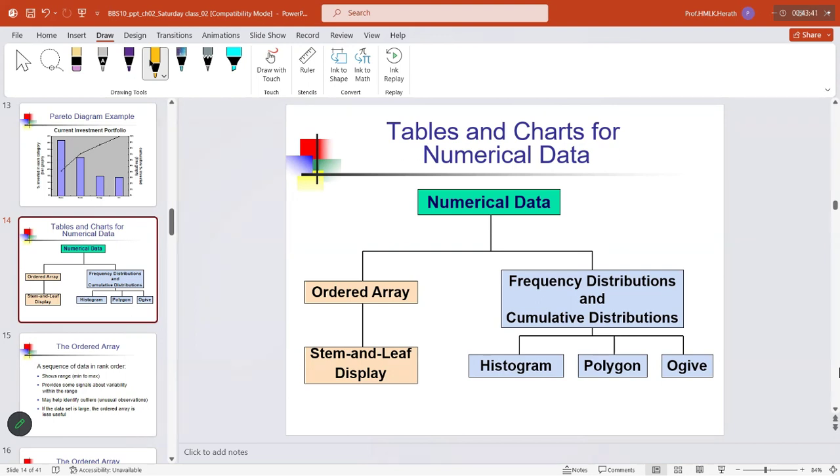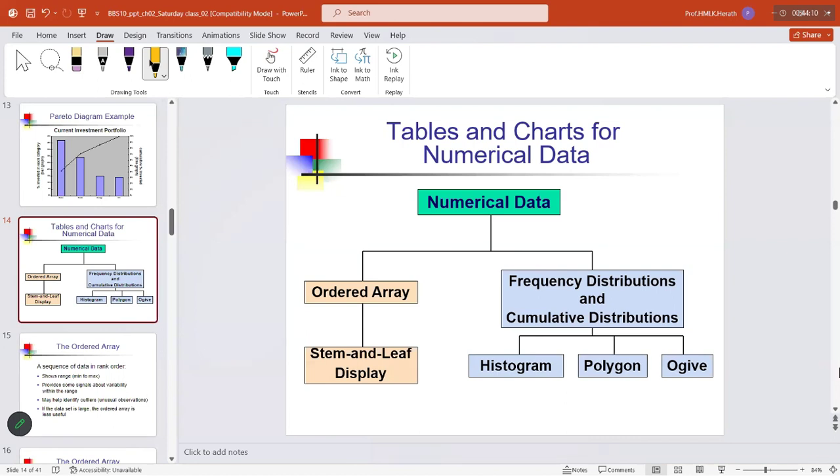In addition, we will use ordered array and stem and leaf display for this purpose. We use tables to summarize the numerical data with numerical summary measures, which we will not speak about in this part of the lecture. We will be talking about it later. So these are the tables and charts that we would use.